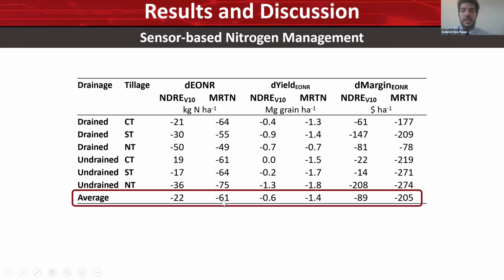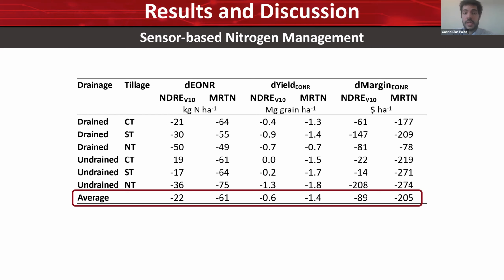So the MRTN under-predicted the nitrogen requirement by about 60 kilograms per hectare compared to canopy sensing at V10 stage, that on average under-predicted by 22 kilograms per hectare. And managing nitrogen following the MRTN approach would have resulted in yield losses of 1.5 megagrams per hectare compared to 0.6 for canopy sensing, and profit loss of 205 with the MRTN compared to 89 with canopy sensing at V10 stage.